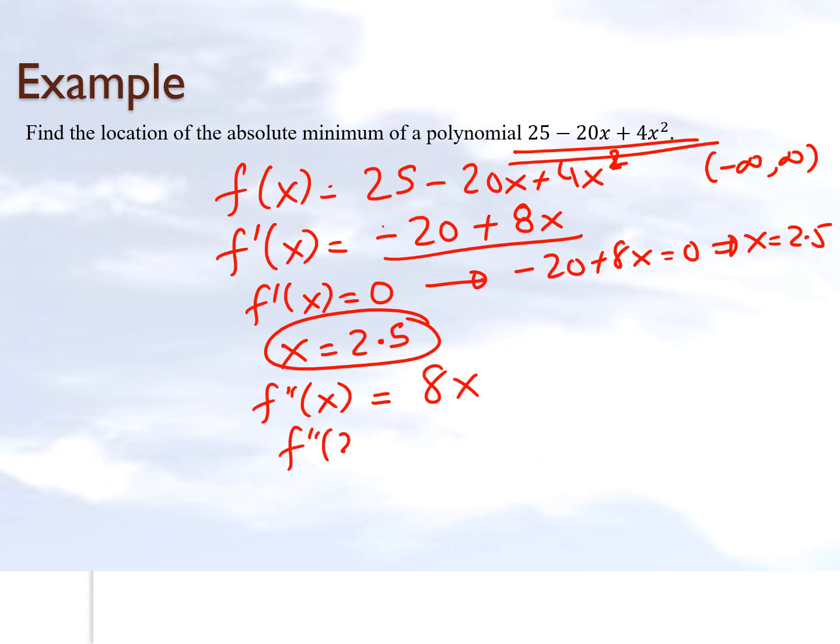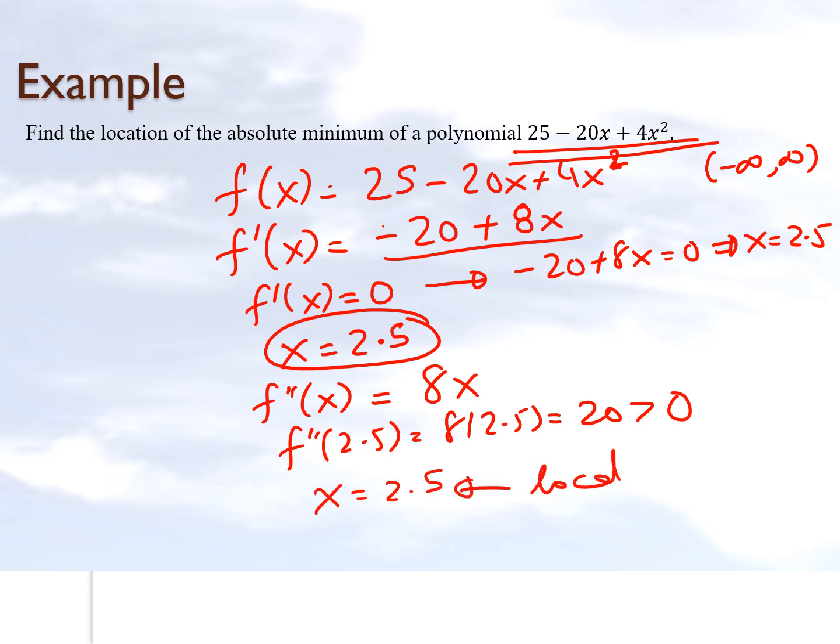And f double prime at 2.5 is 8, which is strictly greater than 0. So x equal to 2.5 corresponds to a local minimum: the derivative at 2.5 is 0, and the second derivative at 2.5 is greater than 0.